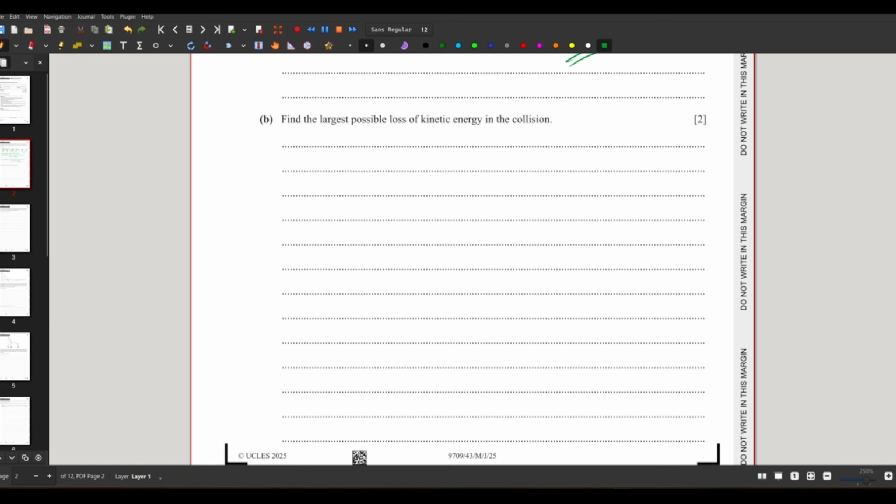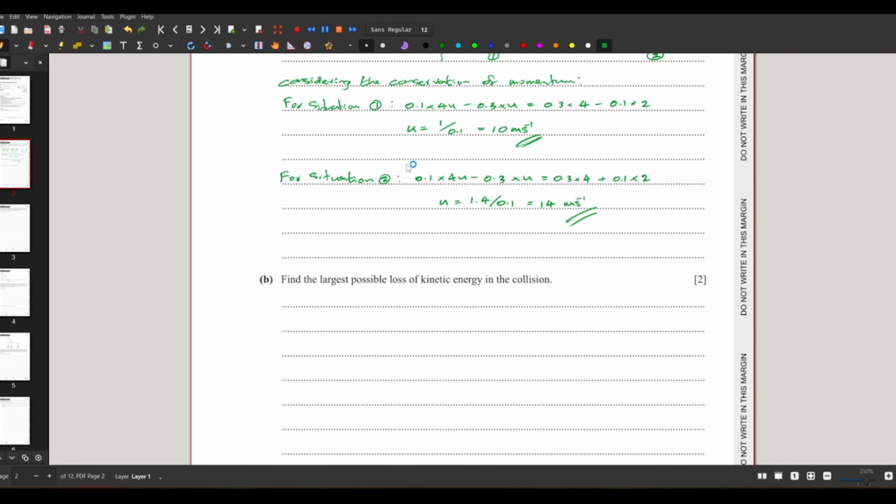Then they are asking, okay, find the largest possible loss of kinetic energy in the collision. So in this case, you have to understand here we will have two cases for the value of u.